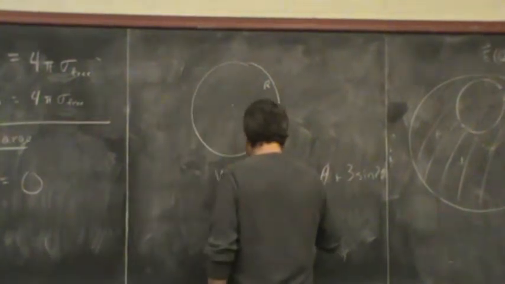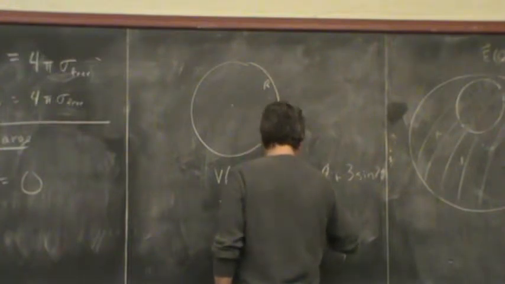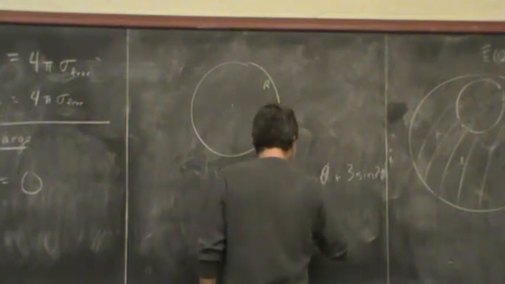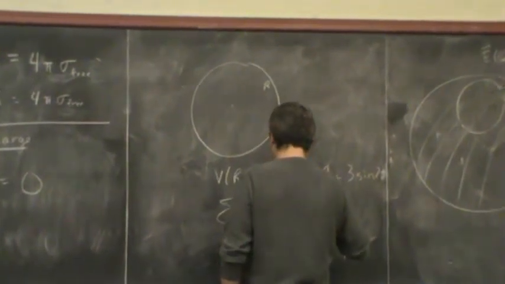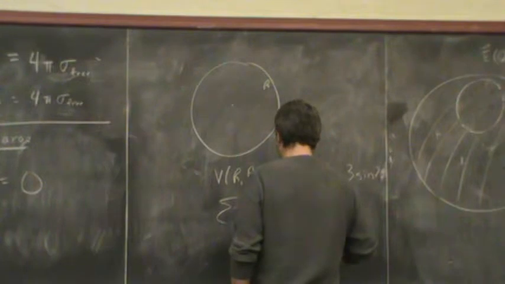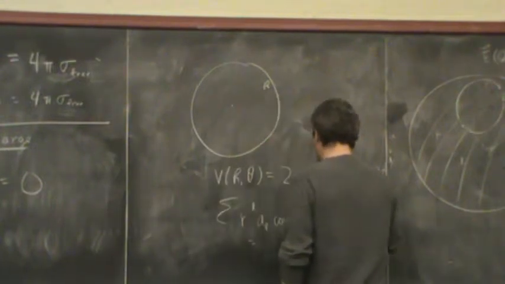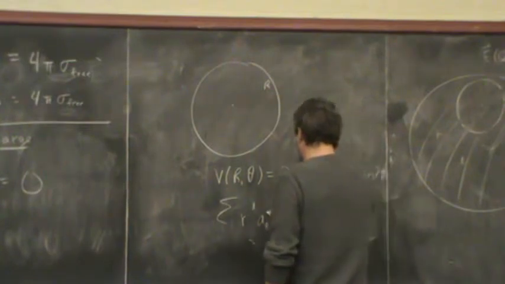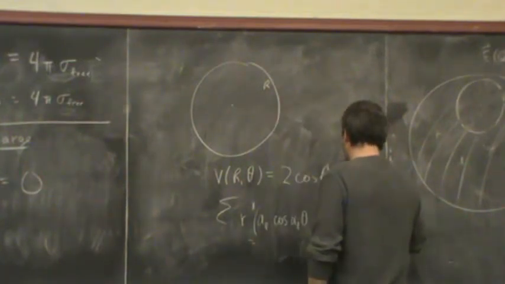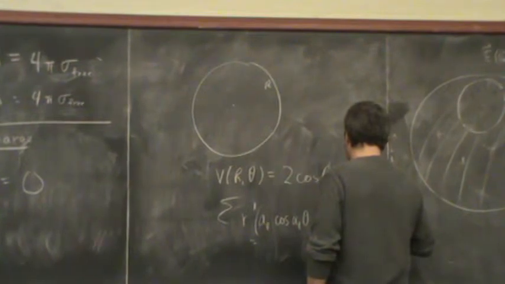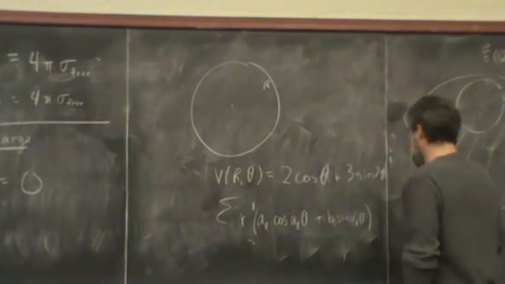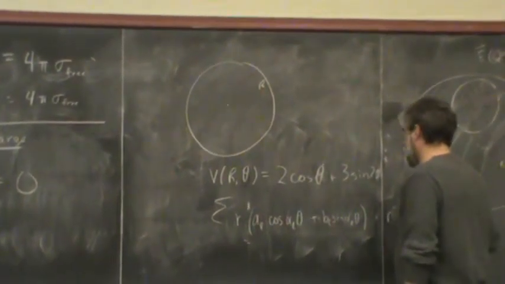R to the L, A sub L, cosine alpha sub L theta, plus B sub L sine alpha sub L theta, plus r to the minus L solutions.